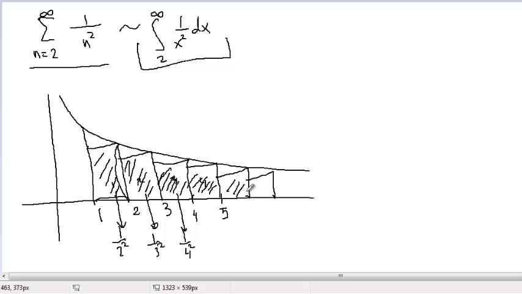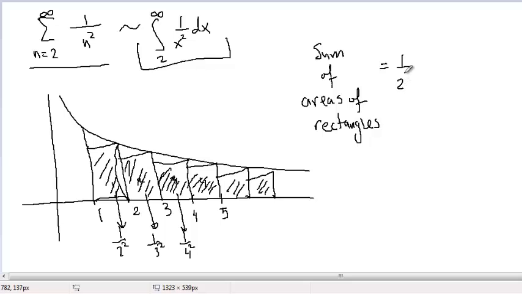Let's look at the sum of all those areas of all those rectangles. So the sum of areas of rectangles will be what? When I do this splitting at integer points and when I build rectangles on the top of those sub-intervals, I get infinitely many areas, and the sum will be the area of the first rectangle 1/2 squared, the area of the second one 1/3 squared, the next one will be 1/4 squared, and so on.